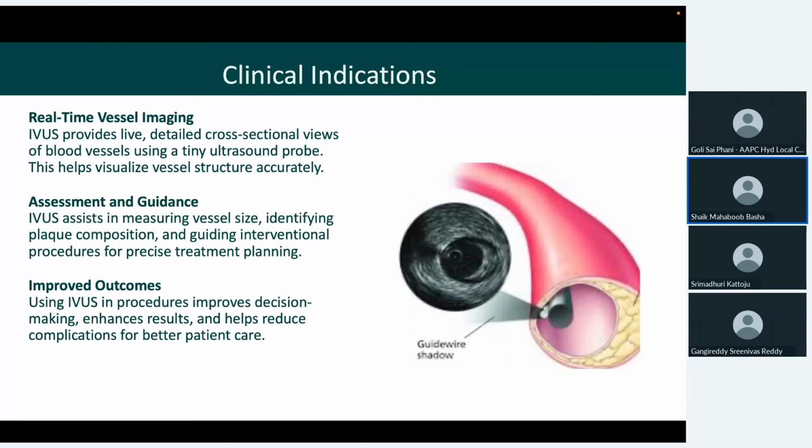Based on that, the outcomes will be improved. Using IVUS in procedures improves decision making, which enhances the results. If you know more about the condition, you can take a decision very wisely, right? That is the reason the physician will use IVUS, which helps to reduce complications for better patient care. It's a device that will be entered into the blood vessels, so there is no major complication while using this.